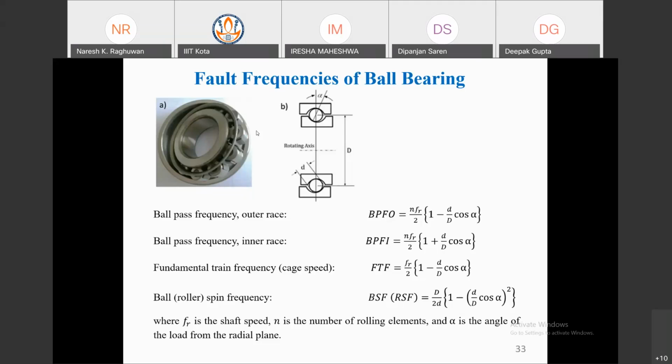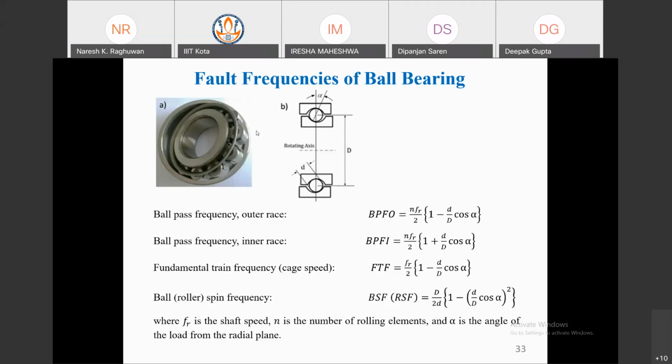Ball pass frequency, outer race. For this there is an empirical formula. Ball pass frequency for inner race, fundamental train frequency, ball spin frequency.